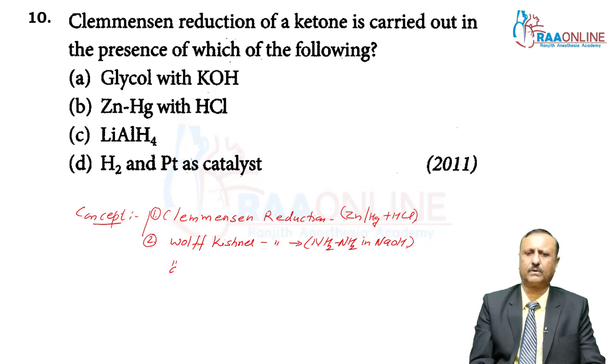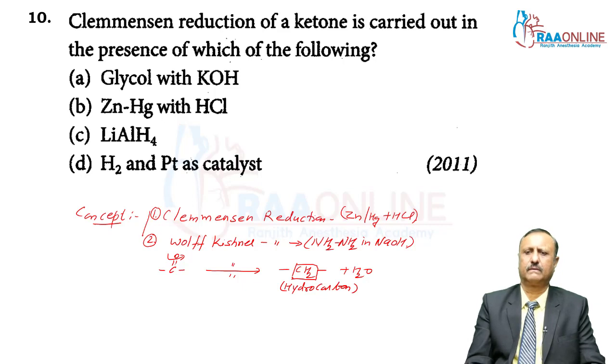Those carbonyl compounds which are ketones are reduced by both reagents. The ketone is converted into a hydrocarbon, meaning the oxygen is removed as a water molecule, and the CO group is converted to a CH2 group. My dear students, it is called a hydrocarbon.